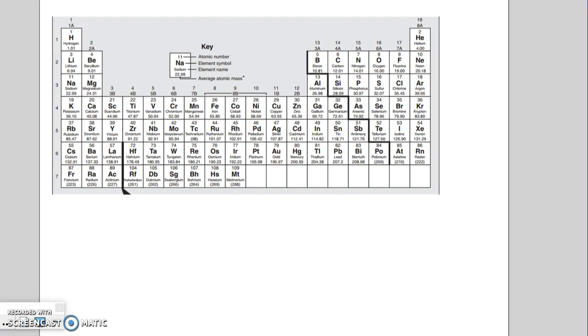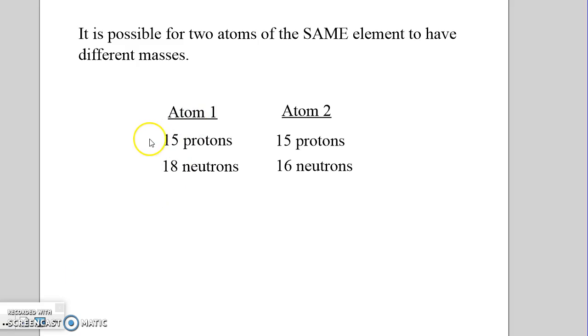We know there are 15 protons, so we look for element number 15, and there it is. It's phosphorus. Element number 15 with atomic number Z is 15 is called phosphorus, symbol of P. So we know that this atom is phosphorus because it has 15 protons, and so is this one. This one is also phosphorus because they both have 15 protons.